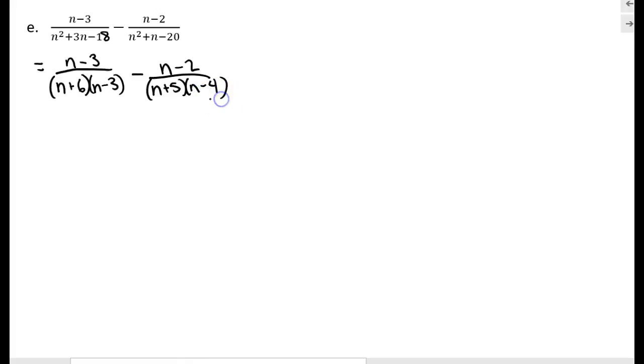Now before you are like, oh my god, I see something to simplify this. Okay, slow down. Non-permissible values first before we start canceling anything out, which are in this particular case -6, -5, 3, and 4.